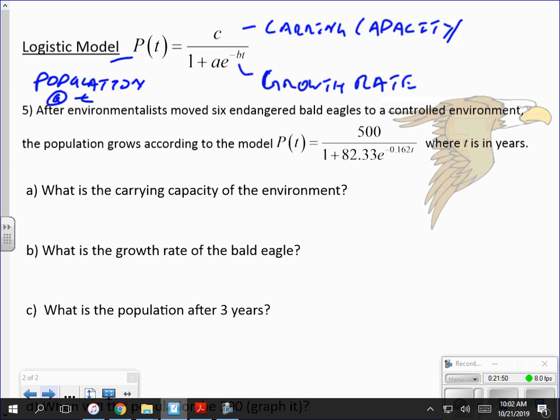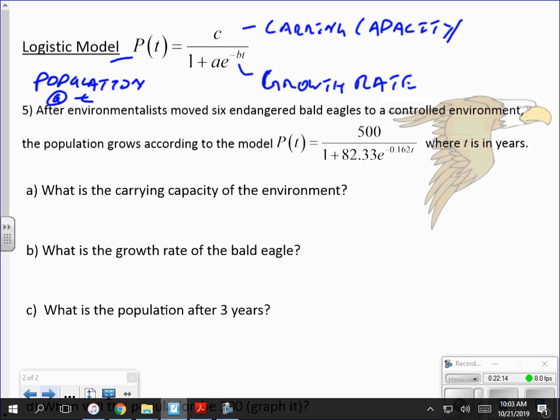What is the carrying capacity of the environment? 500. That's what it's given us. What could determine the carrying capacity? How much space there is, amount of food, amount of predators.